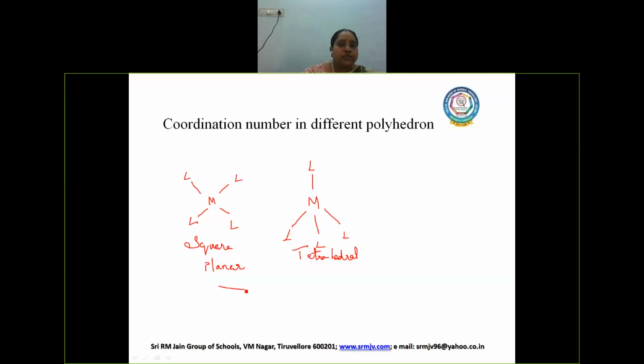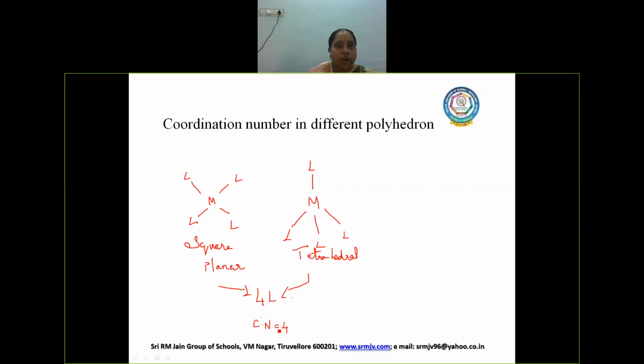When you take these two complexes, they have four ligands, and those four ligands are unidentate because only one bond is formed between the ligand and the central metal atom. So here the coordination number will be 4.